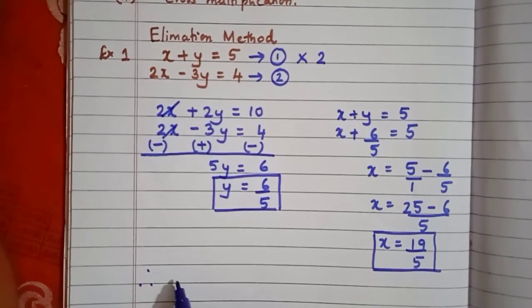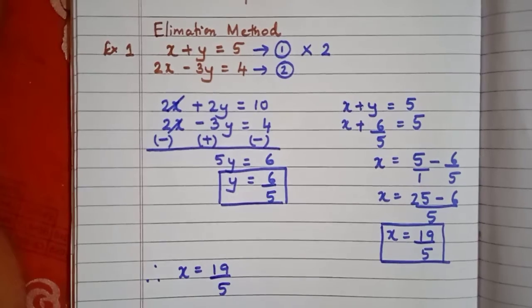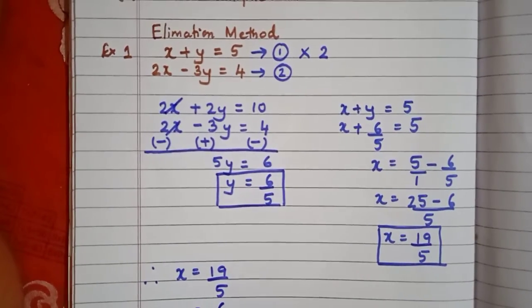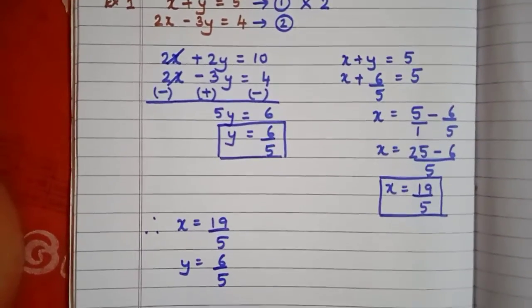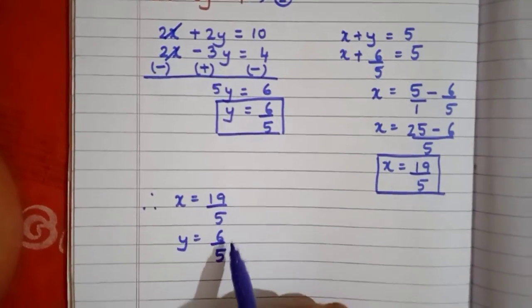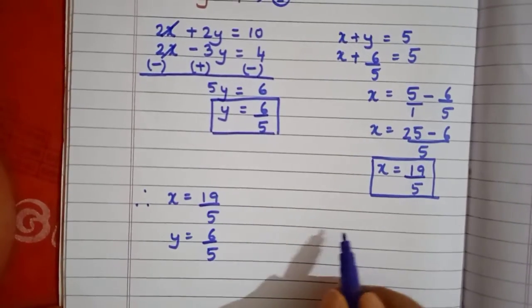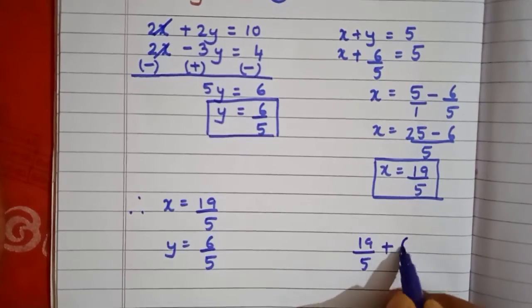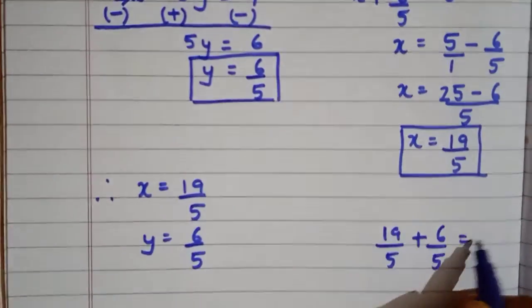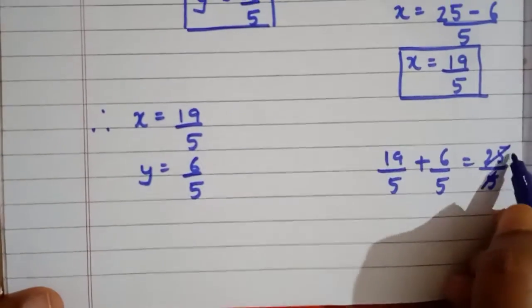So you conclude, therefore x is equal to 19 by 5 and y is equal to 6 by 5. So these are the solutions of the equation. If you want, you can even verify. So how you can verify here is, you can just see 19 by 5 plus 6 by 5 will be equal to 25 by 5, which is equal to 5.